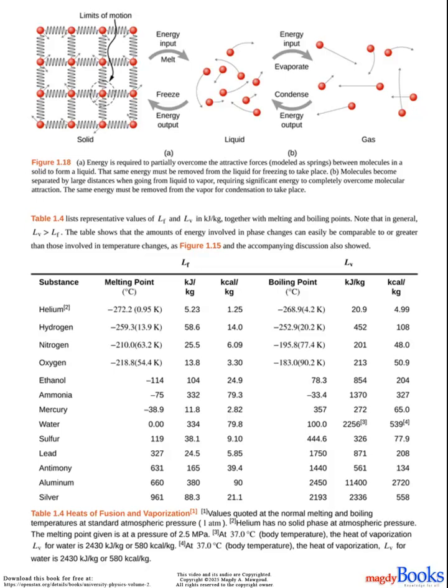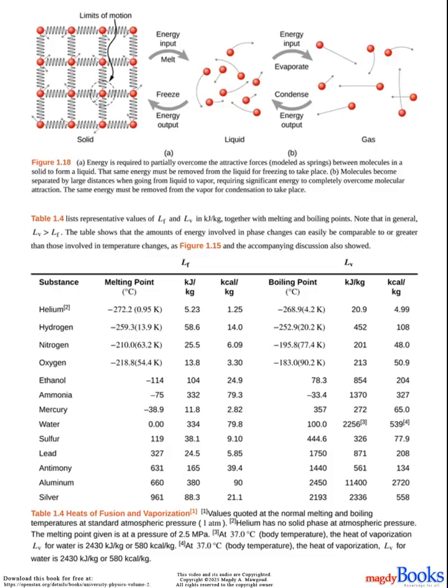Aluminum. Melting point, 660 degrees Celsius. 380 kilojoules per kilogram, or 90 kilocalorie per kilogram. Boiling point, 2450 degrees Celsius. 11400 kilojoules per kilogram, or 2720 kilocalorie per kilogram.